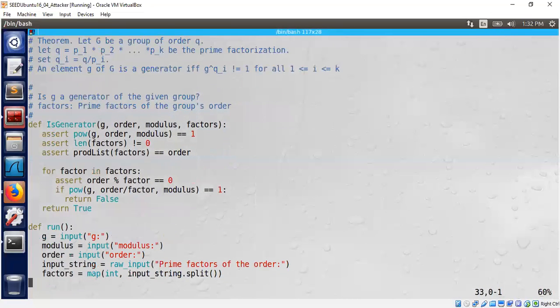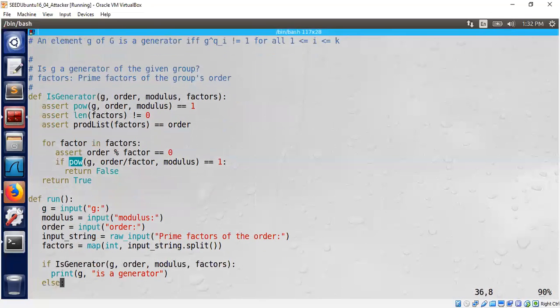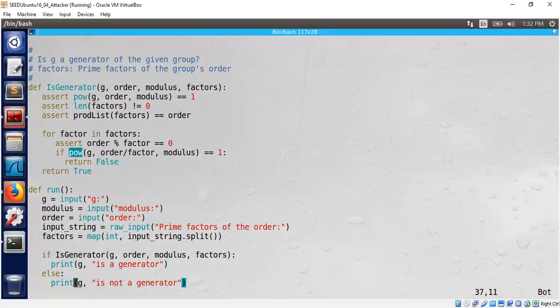If you wanted to apply it to elliptic curves, then you have to define the meaning of multiplication. Here I'm using the pow function because it's regular multiplication, and there you have to change the meaning of multiplication to point addition and whatnot. Anyway, that's not necessary for this discussion, but I just want to add that this is a general theorem applicable for all groups. You could apply it to test whether an element is a generator or not.